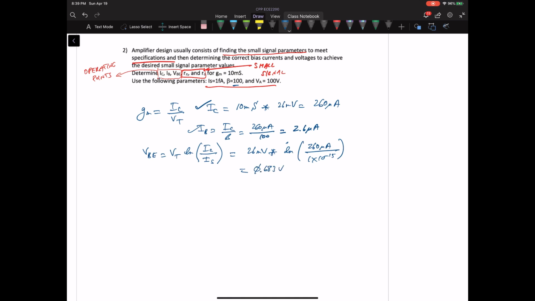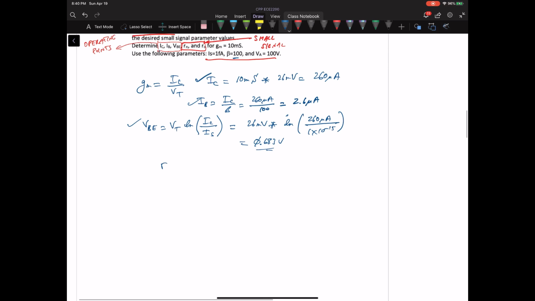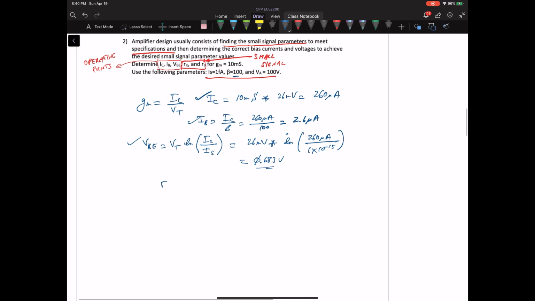0.683 volts. Okay, so that's our VBE. So now we got all our biases. Notice that in this equation I ignored the early voltage, although it was given. We're not given the supply voltage, so we don't really know what VCE is.